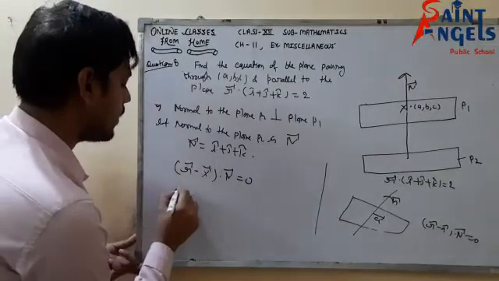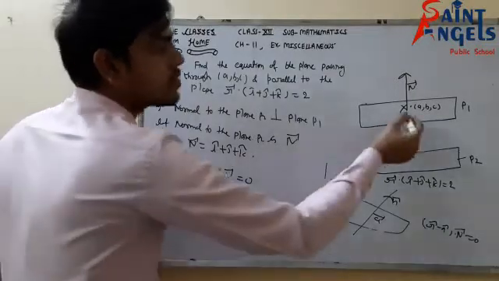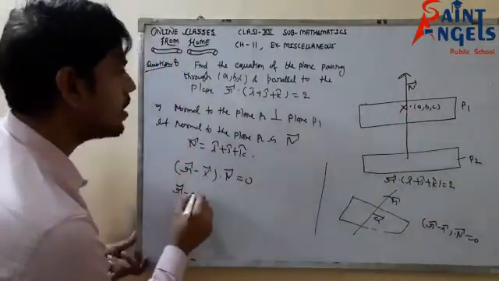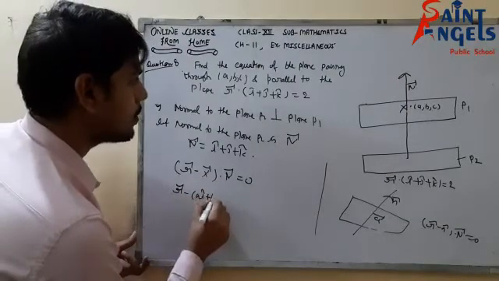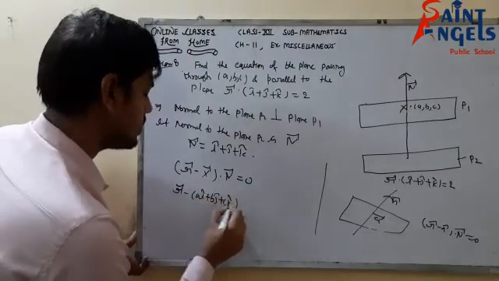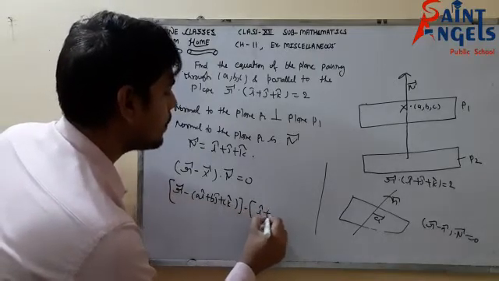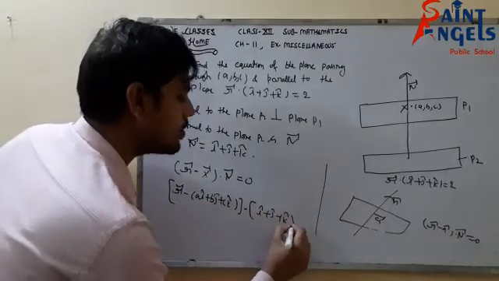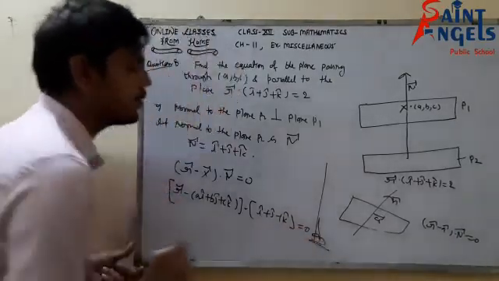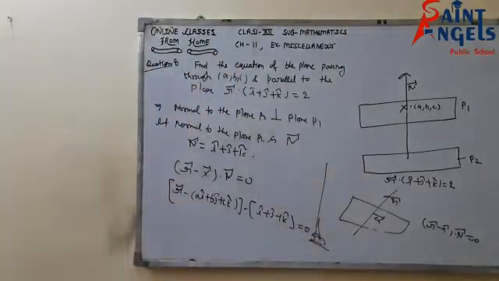So (r vector minus the position vector of point x, that is a i + b j + c k) dot (i cap + j cap + k cap) = 0. So this is the vector equation of this plane. I hope it's clear. Please pause the video and note it down.